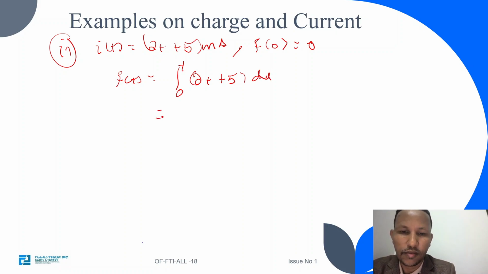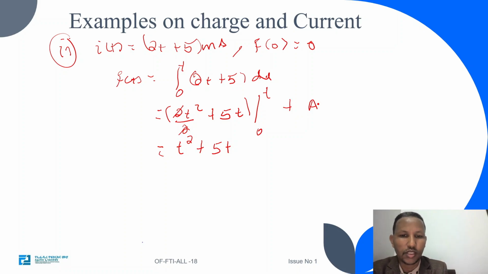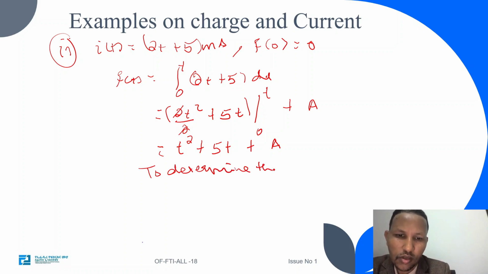So you have 2t squared over 2 plus 5t, evaluated from 0 up to t. The 2 cancels, so t squared plus 5t, plus a certain integration constant a. To determine the constant, let's consider t equals 0.